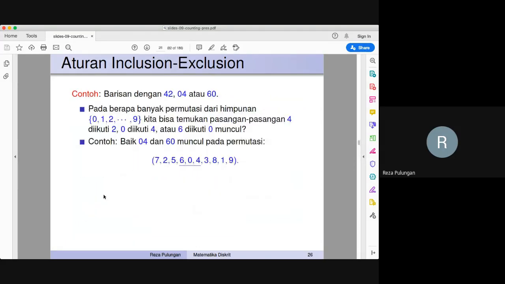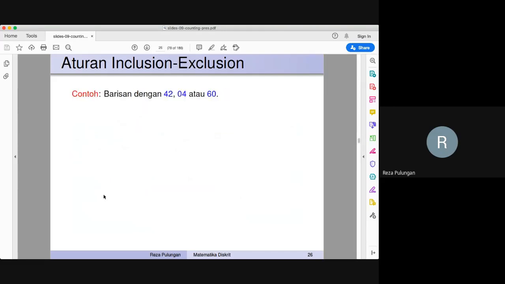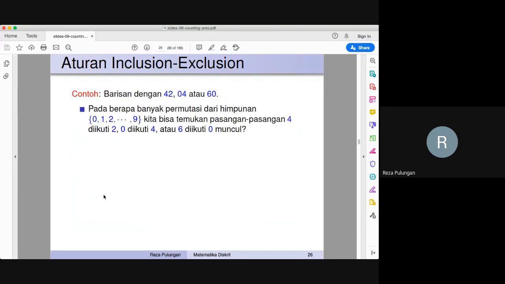This example is actually quite important for you to understand. The example is like this. How many permutations of the set 0, 1, 2, 3, 4, 5, and so on until 9 can we find that have 4 immediately followed by 2, or 0 followed by 4, or, look at this, there is an or here, 6 followed by 0?